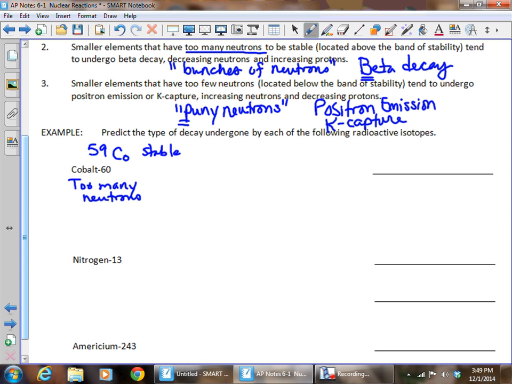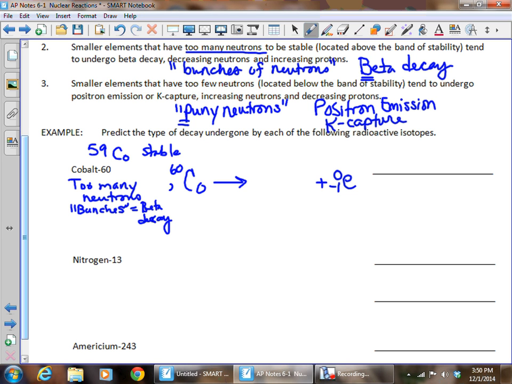So what do we do when we have too many neutrons? Remember, that's bunches of neutrons, which is beta decay. So that's what you want to show for this, beta decay. So we start out with our cobalt 60. Remember, if it's decay or emission, we're going to put the particle on the right-hand side. So beta decay means our beta particle, which is 0 over negative 1 e, is going to go on the right-hand side.